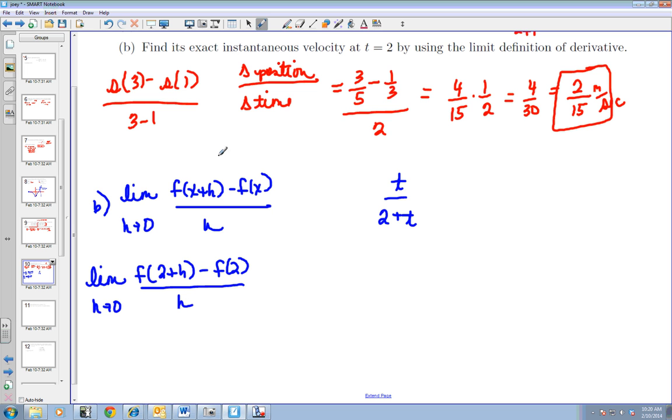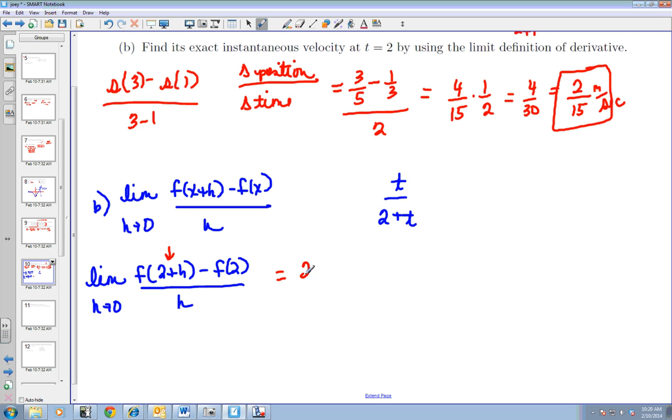Now here's what that means. That means you're going to take this 2 plus h and plug it into these t's. That's that first part. Minus f of 2. That means take 2 and plug it into this. So it looks like this. First, I'm going to plug 2 plus h into both of these t's.